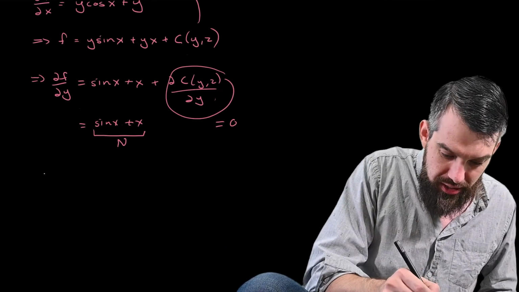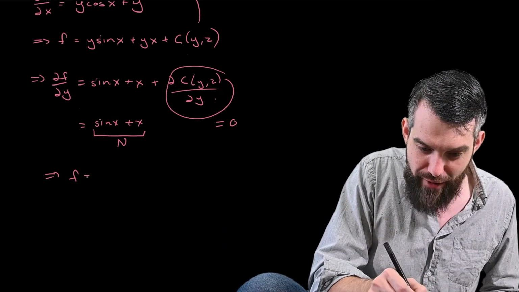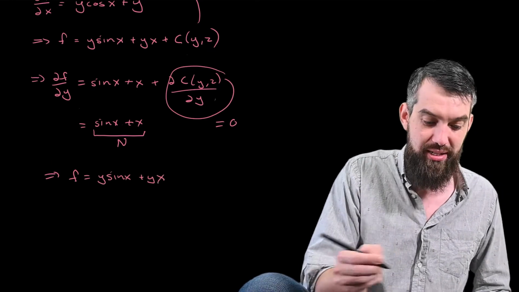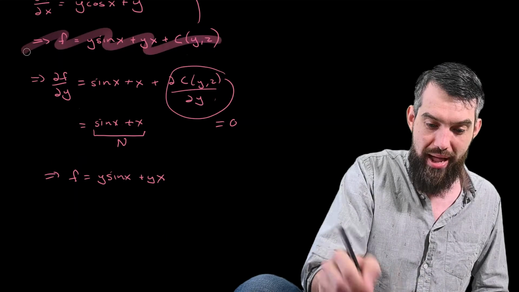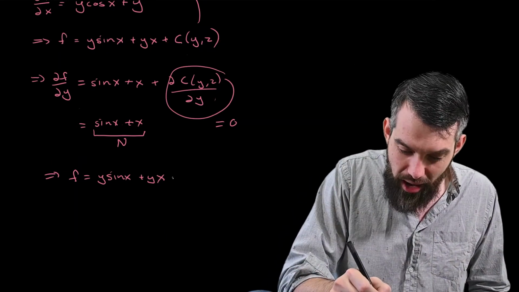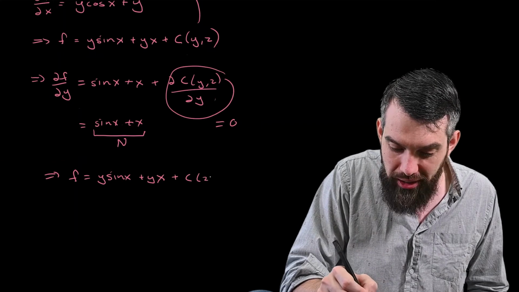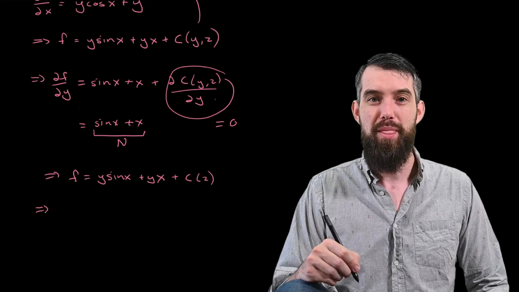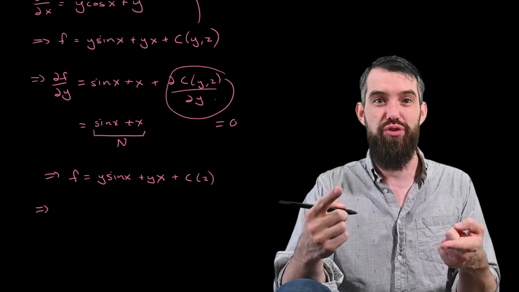What we've deduced is that our function f is the y sine of x plus yx that we had seen earlier when we were focusing back up there. But instead of adding a function of y and z, I'll just write it c now only of z, because I know there is actually no dependency on the y. Okay, final thing I should do is now take the partial derivative with respect to z.